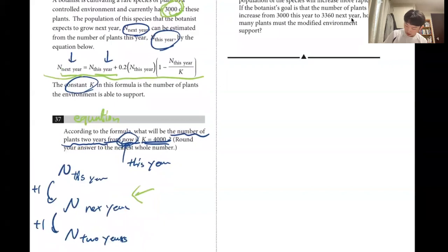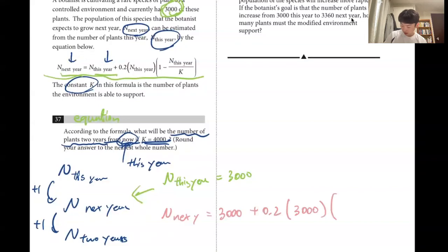So we can say n this year is 3,000. So let's calculate the next year. n next year is n this year, which is 3,000, plus 0.2 times n this year, which is 3,000, multiplied by 1 minus this year 3,000 divided by k, 4,000. I just put the numbers into the equation.